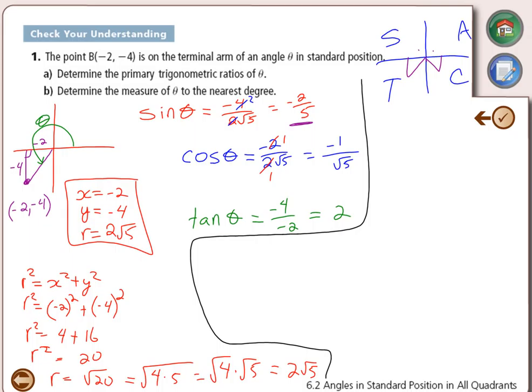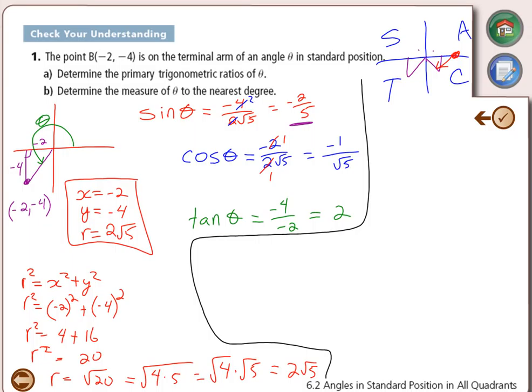I don't know which one of the two I'm talking about. The calculator doesn't know which one of the two you're talking about. So when you punch it into the calculator, it's going to give you the closest one to the x-axis, which is actually going to be that one. And that's not what we're looking for.